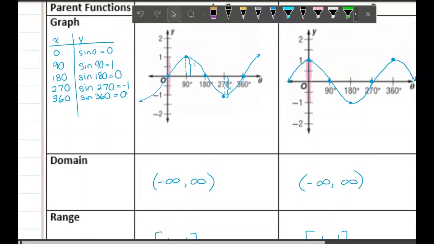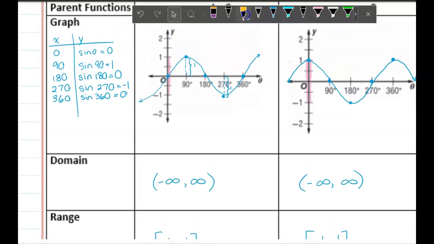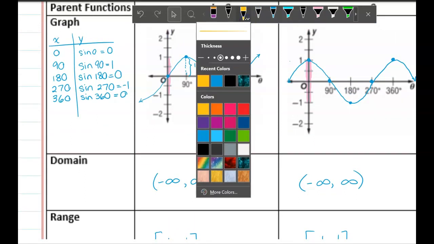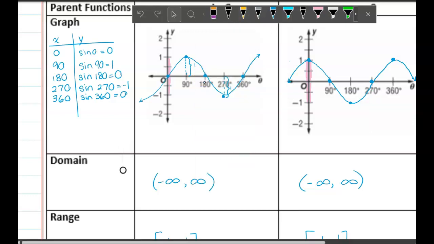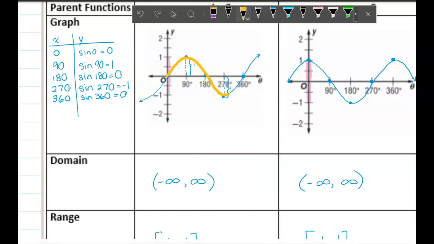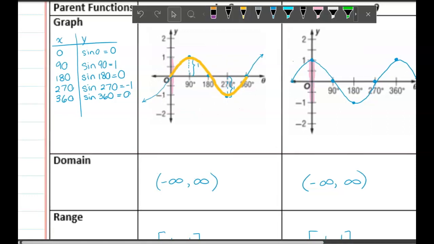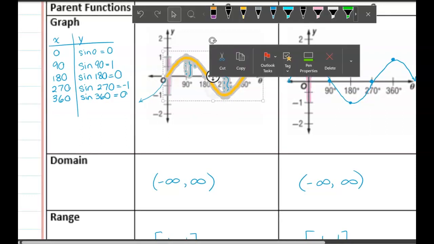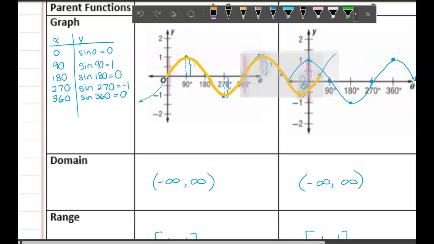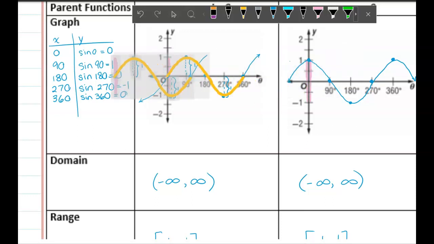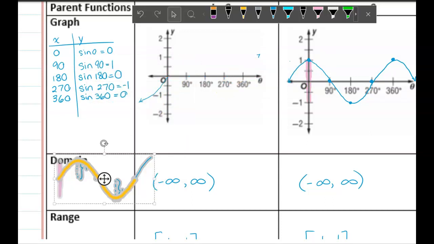The period, when we say the period, we're talking about how far you would have to graph it until it starts to repeat. So for instance, right here, it goes up, it comes down, goes back up, and then that repeats over and over and over. If I take that yellow curve, I could repeat it right here. It would repeat over and over and over, or on this side of it. But the part that repeats is the period.